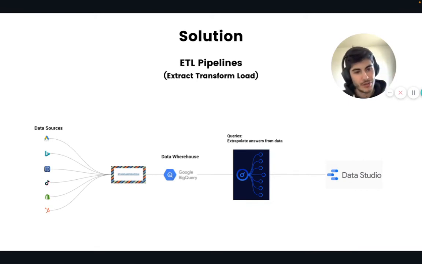You can unlock a lot of things. And then you can display everything through a dashboard. It can be Data Studio, it can be Tableau, it can be Power BI, it can be Streamlit, it can be whatever dashboard platform you want, as long as you have the data source centralized under your control, under your own ownership.